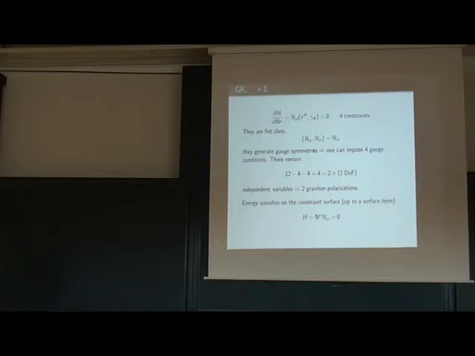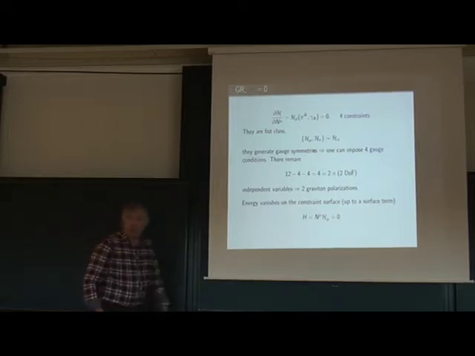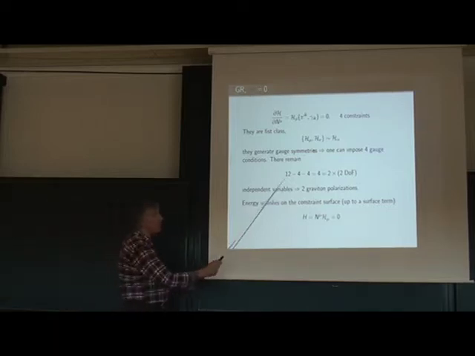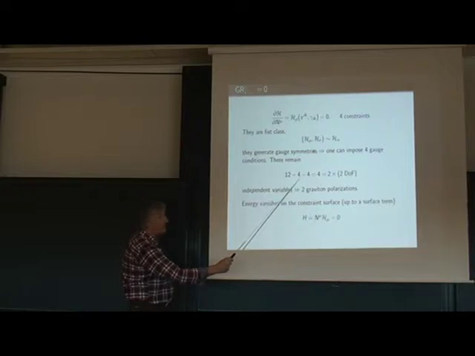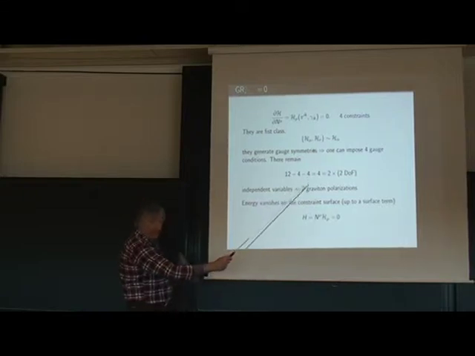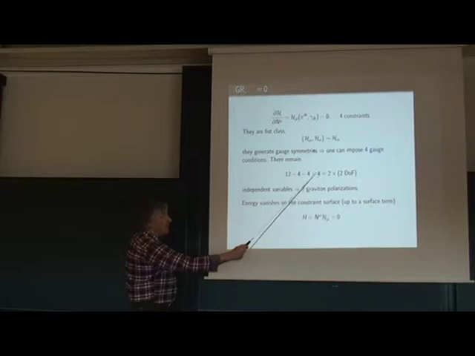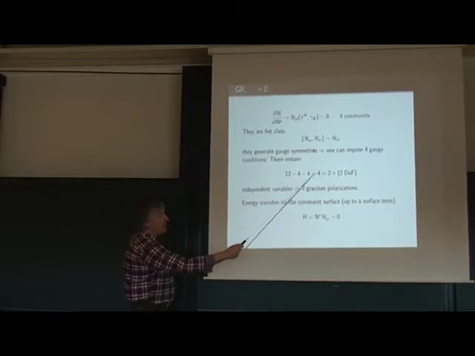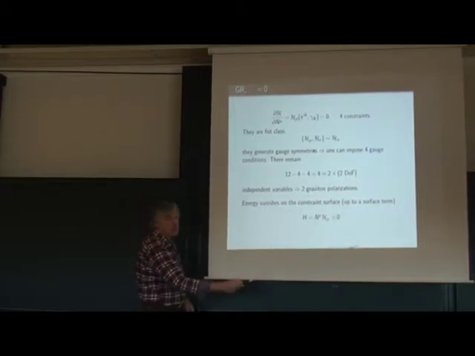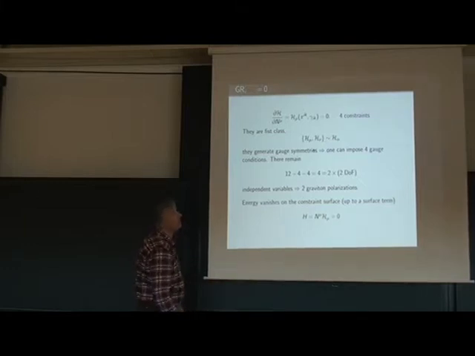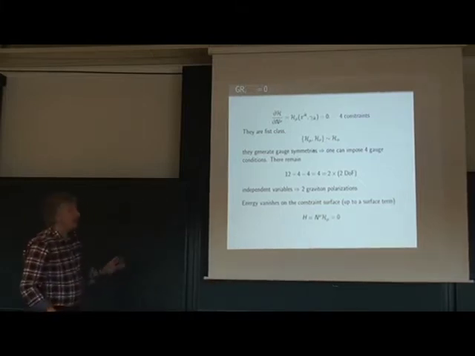And for each generator, one can impose a gauge condition. Therefore, the number of degrees of freedom is 12 minus 4, number of constraints, minus 4 gauge conditions. There remain 4 phase space variables, which correspond to 2 gravitational polarizations. So this is a standard counting.